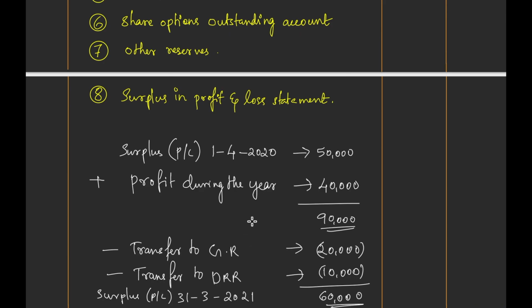And one more thing related to this surplus: the debit balance of statement of profit and loss, that is if there is any loss, shall be shown as a negative figure under the head surplus. Similarly, if the total of reserves and surplus after adjusting this surplus is a negative figure, then we should show it under reserves and surplus only, even if the figure is negative.